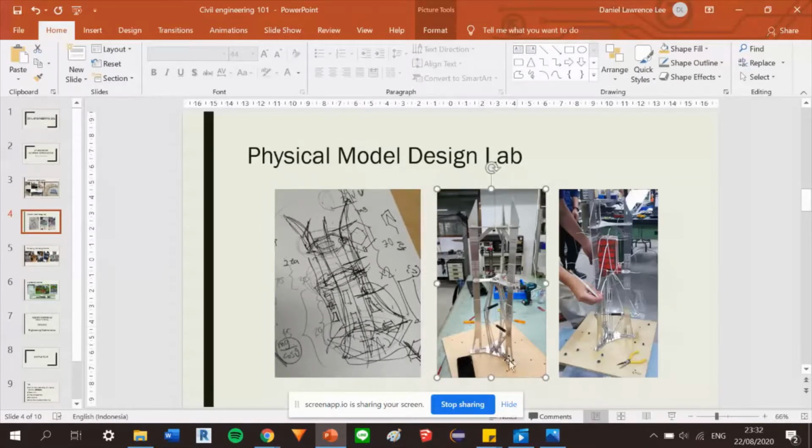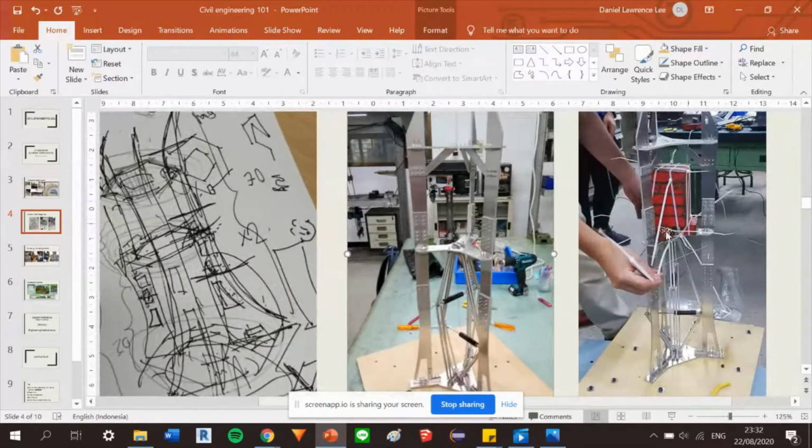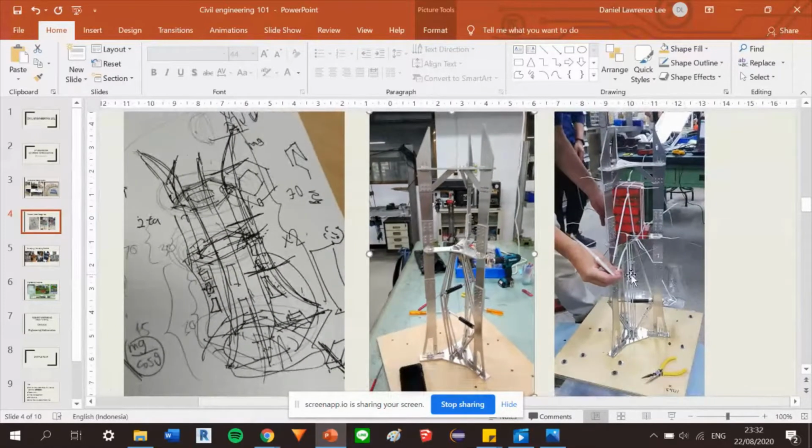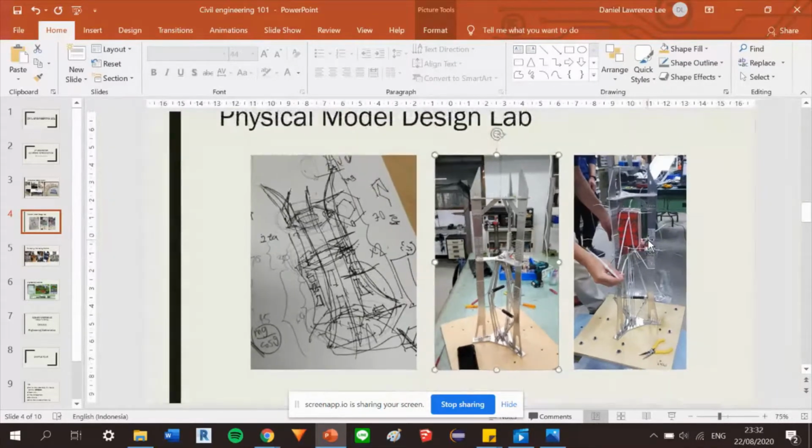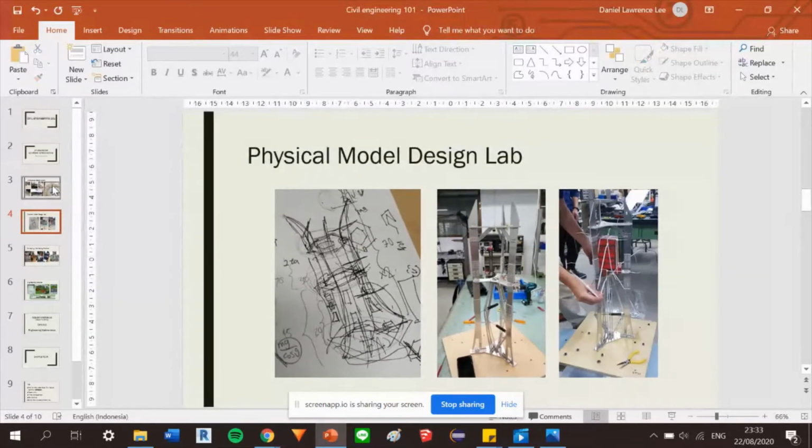Here we make a tower, and then we test this tower by attaching some load like this one, and we test the strength of it and the forces. So yeah, in this course you can turn your design into something real that actually works and functions properly. These two, I think, are fun because you actually make something in them.